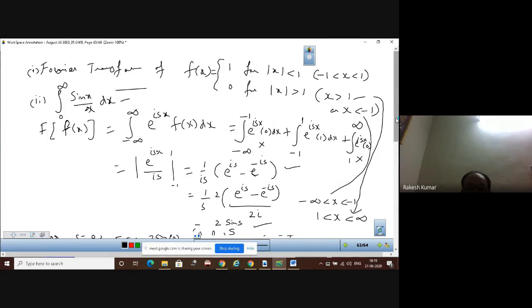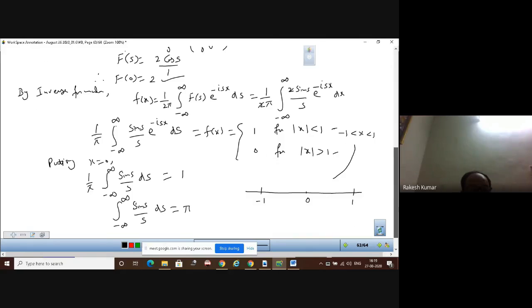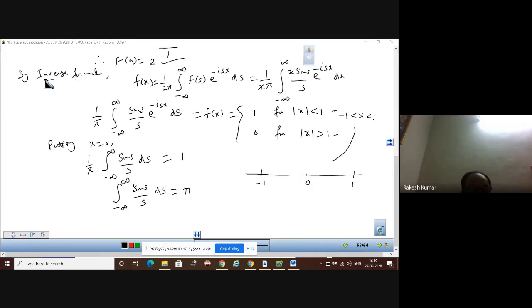We have the integral of this type, but in place of 0 to infinity, we have the interval minus infinity to infinity. And if you remember, this can be written as 2 times the integral from 0 to infinity of sin s over s ds, and that is equal to pi.